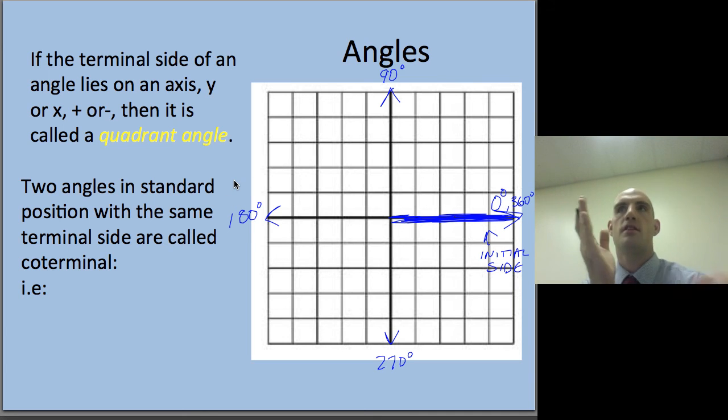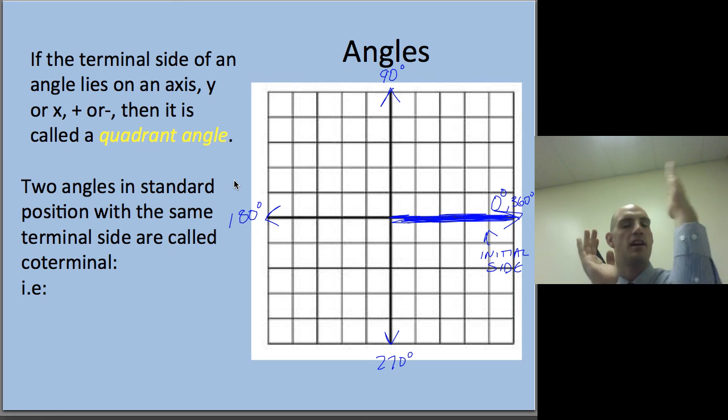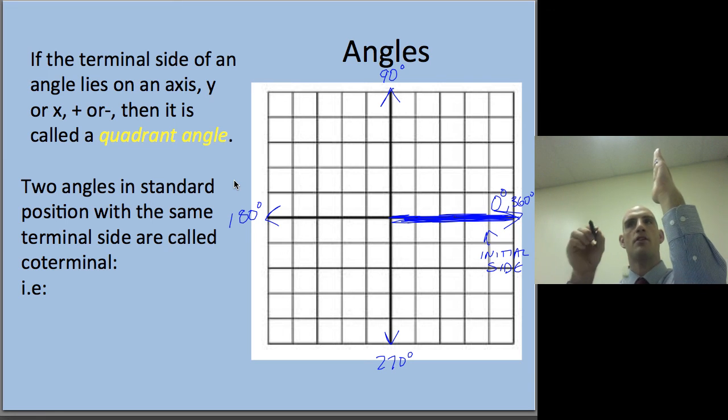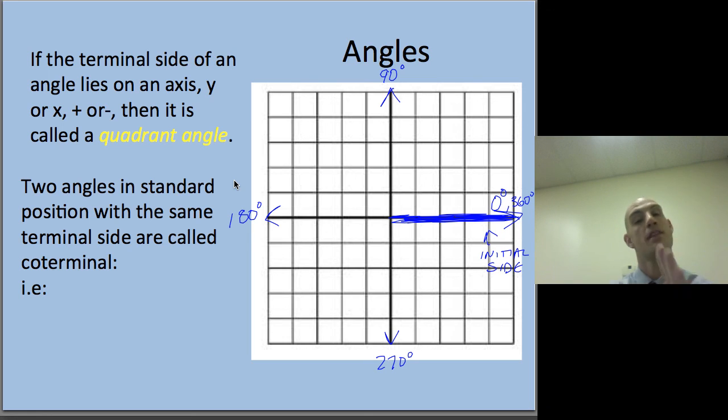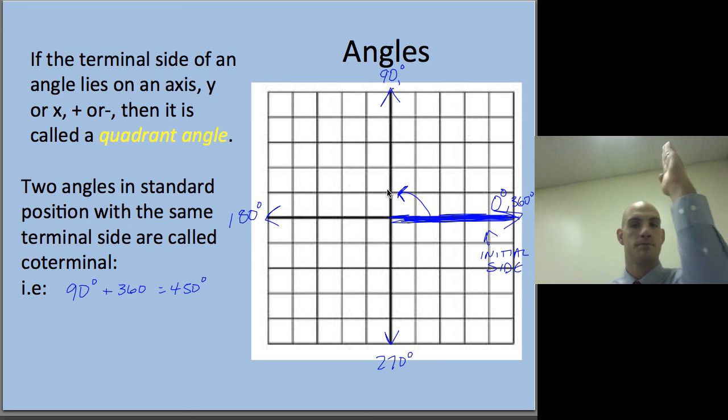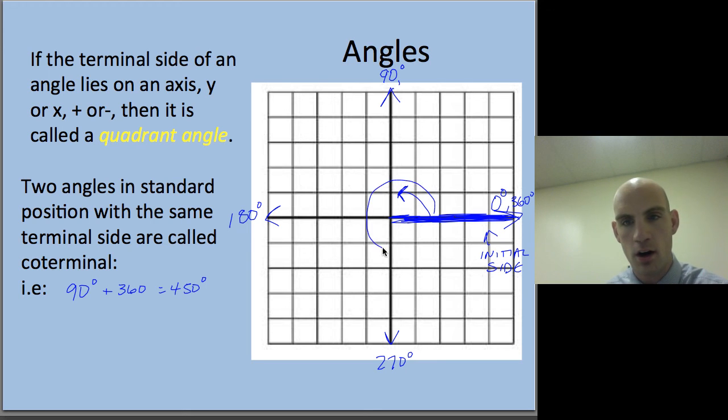What happens if an angle is 90 degrees, and then I have another angle that goes all the way around and lands on that same spot? Well, that's called a coterminal angle. And so what you need to understand is they have the same terminal side. So for example, 90 degrees, and then if I go all the way around, so it's 90 degrees, and then I go 360 around, those are coterminal angles.